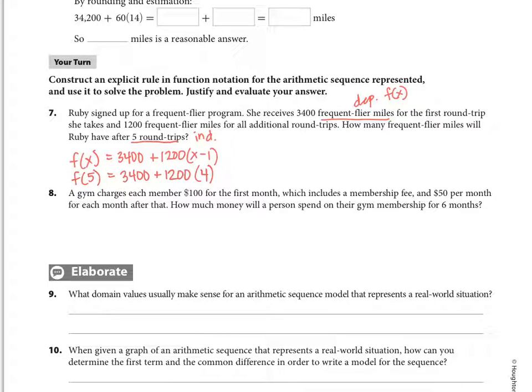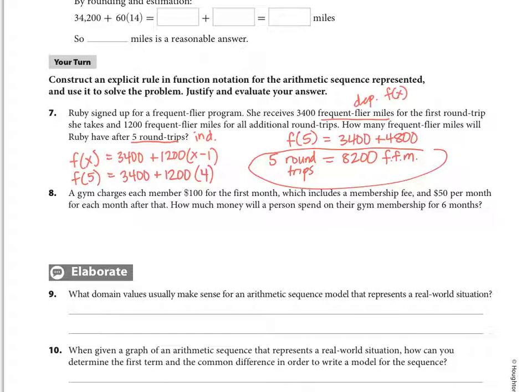Then continuing over here on the right, f of 5 equals 3,400 plus 4,800, and then I'll get 8,200 frequent flyer miles. So this means 5 round trips will result in 8,200 frequent flyer miles.